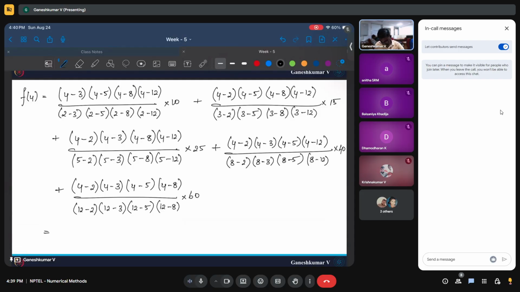How much is the first term going to be? 4 minus 3 is 1, 4 minus 5 is minus 1, 4 minus 8 is minus 4, and 4 minus 12 is minus 8, giving 32, divided by 2 minus 3 which is minus 1, 2 minus 5 which is minus 2, 2 minus 8 which is minus 6, and this is minus 10.